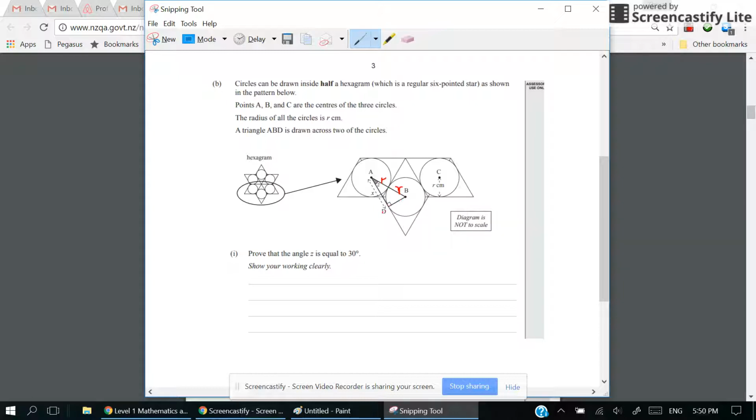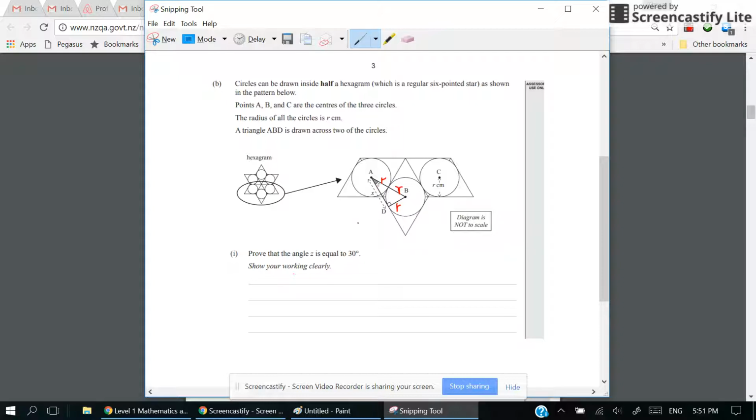And between B and D, there's also r. Now we have this triangle, which is a right angle triangle, which means you can use trigonometry to work out that this angle is equal to Z.